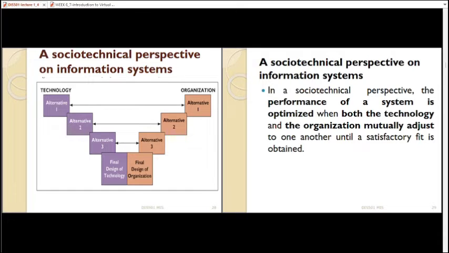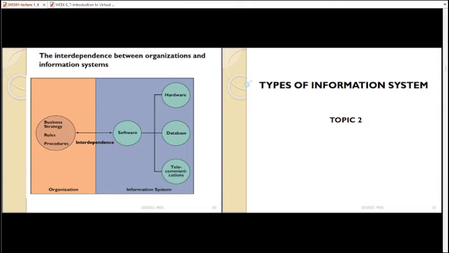So it's important for us to understand that technology and organization are all interrelated. Whatever decision you make based on technology, it will affect the organization. So for the interdependencies between organizations and information, we have the business strategy, and we have rules and procedures.